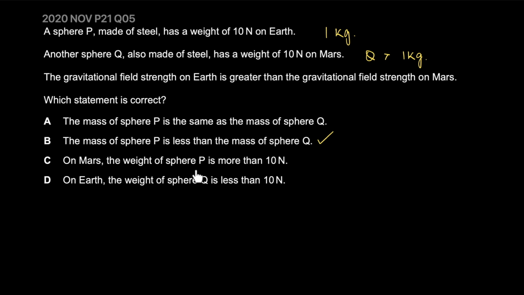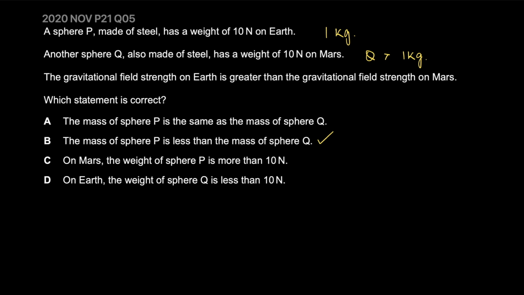On Mars, the weight of sphere P is more than 10. Well, this is the lower mass, this is the higher mass. So on Mars, it'll actually be lighter, right? That's what we were talking about. And if you're a little confused, what you can do is take a value less than 10, maybe 8 or 7 or 6 for the gravitational field strength of Mars, and just calculate a hypothetical weight and compare those values.